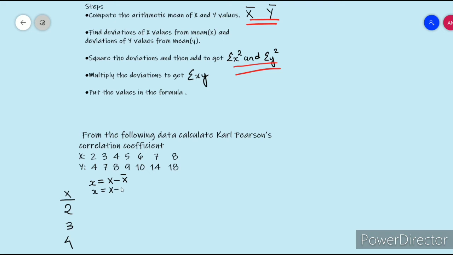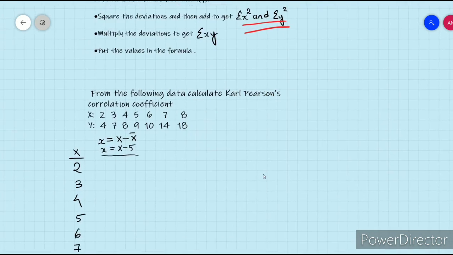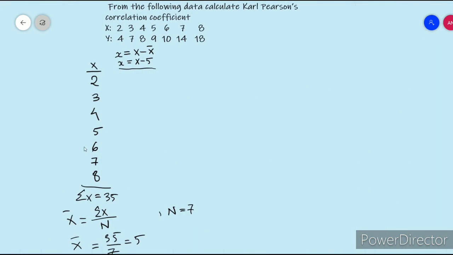So x minus 5. All the x values are subtracted from the mean value. So 2 minus 5 is minus 3, 3 minus 5 is minus 2, 4 minus 5 is minus 1, 5 minus 5 is 0, 6 minus 5 is 1, 7 minus 5 is 2, 8 minus 5 is 3. So it is important to use signs.